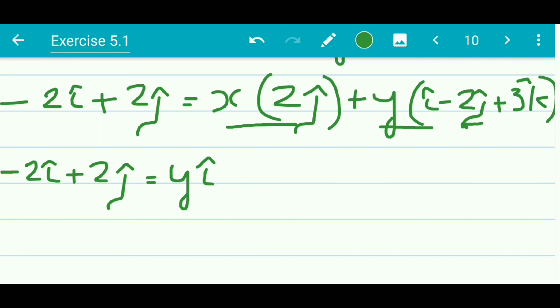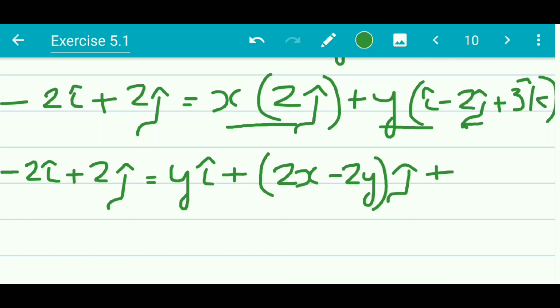So it turns out to be 2x minus 2y, both of which contain the j term. And only one term contains k. So we write 3y into k. It is multiplied with y, no? So 3y into k.